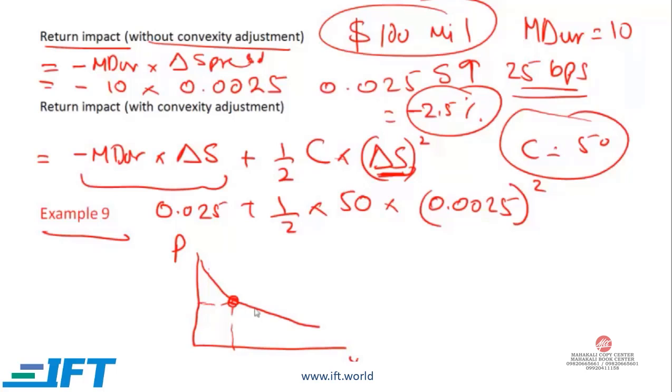Now if the yield spread widens, then we move down. So the new value based purely on duration is given by this value over here, and then this small amount is the convexity adjustment. So you've seen this at level 1. Hopefully it's not an issue. The key is to just refresh your memory and be able to use these two formulas.